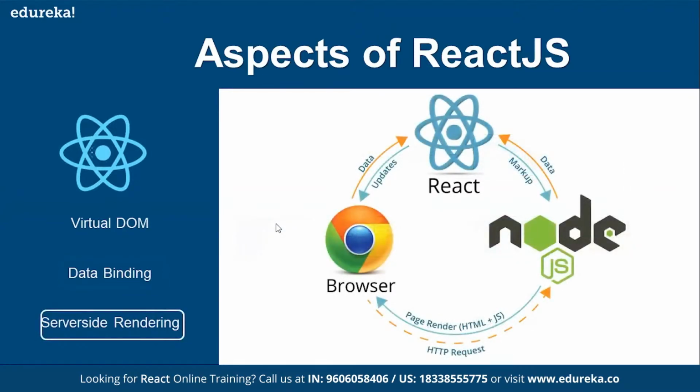Let's see how server side rendering works. If you want to build any server side application, how does the data get rendered to the client side? We are accessing from the browser, and whatever data we get is a response from React. React gives the data back to the clients.